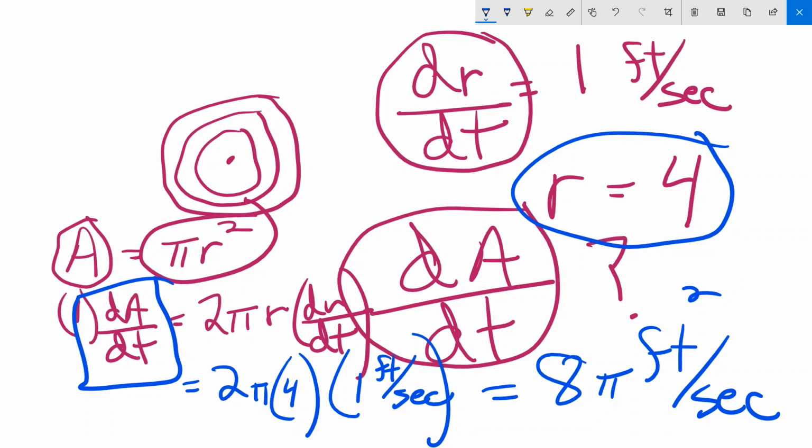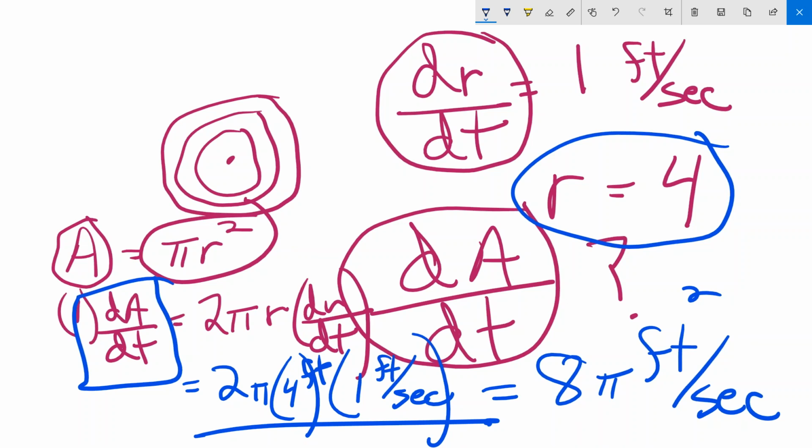Actually, the units do come out, because this is 4 feet. If you multiply everything together, you get 8 pi square feet per second, which is what you're supposed to get.